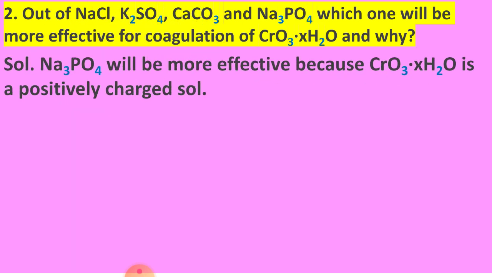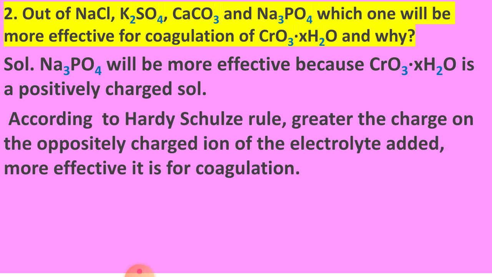So here Na3PO4 will be more effective because CrO3·xH2O is a positively charged sol. Here PO4 carries a 3 minus charge, so the more the charge on the anion, the more will be the precipitation of the positively charged sol according to the Hardy-Schulze rule. According to the Hardy-Schulze rule, the greater the charge on the oppositely charged ion of the electrolyte added, the more effective is its coagulation.